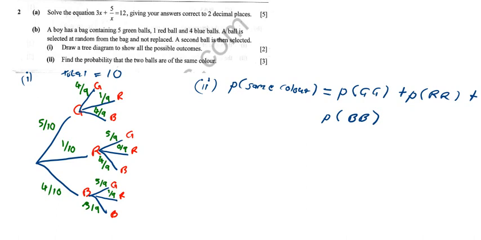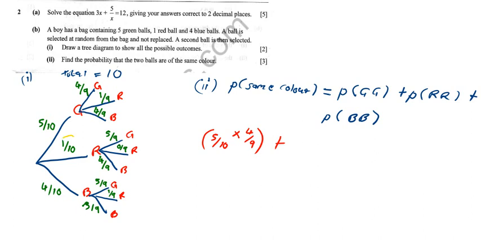So probability of green and green. We go back to our tree diagram. For green, it is this one, 5 over 10, and again another green, we're taking a 4 over 9. Those are the two greens. So probability of green is equal to 5 over 10 multiplied by 4 over 9. Again plus probability of red.